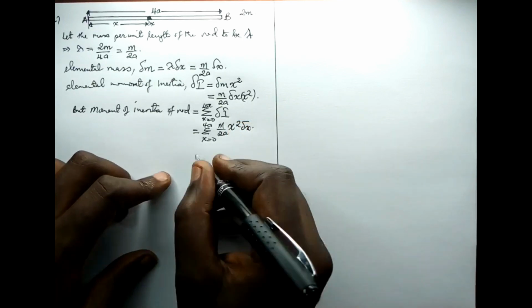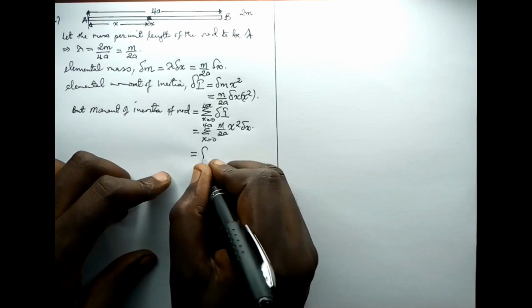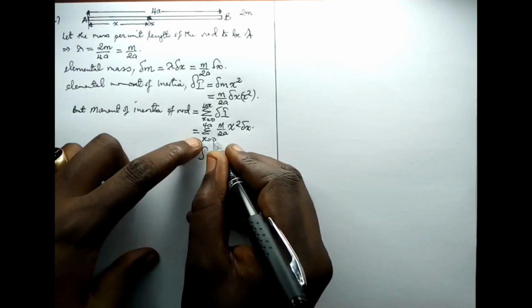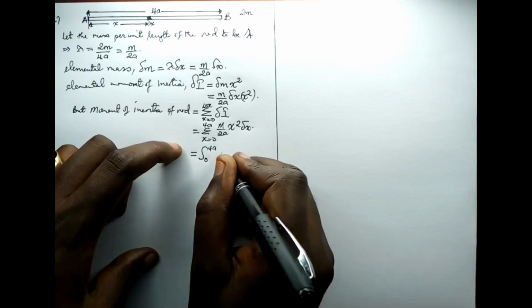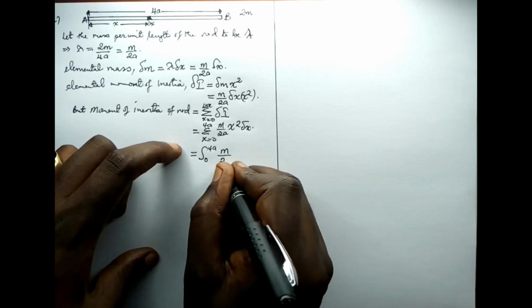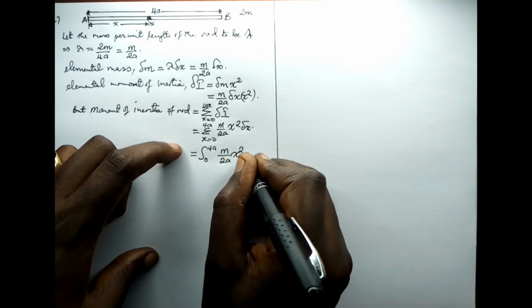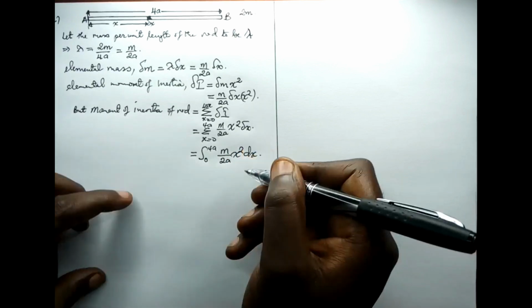I can now bring in the integral, so I take the integral from x equals 0 to 4a of m over 2a x squared dx.